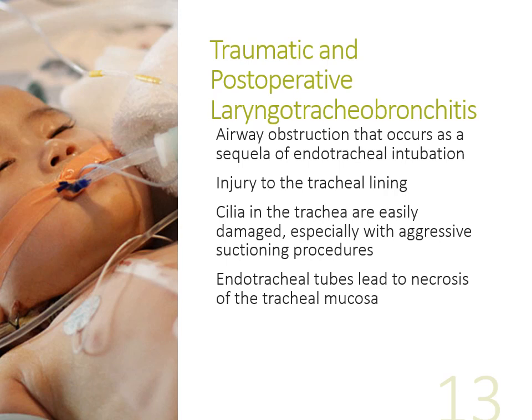The value of this leak has been called into question in studies in which the presence of an ET tube leak was found to be less predictive of post-extubation LTB than the duration of the intubation. So shorter intubations make a difference and lead to less postoperative trauma. Longer intubations for small children lead to more problems with laryngotracheal bronchitis.